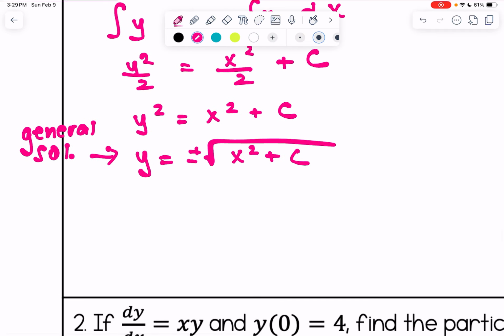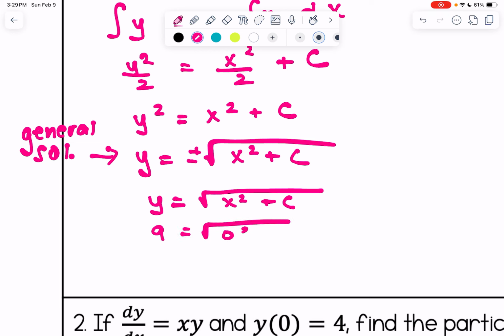Since it's a positive output, I'm going to rewrite this, and I know that that's a positive here, so I'm going to remove the plus or minus essentially. Then I'm going to plug in the point in order to determine the value of c. So I have 9 equals radical c. When I square both sides, I get that c is 81.